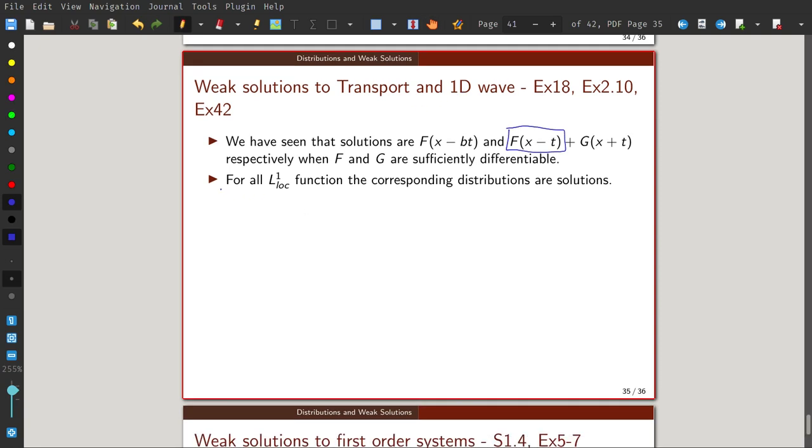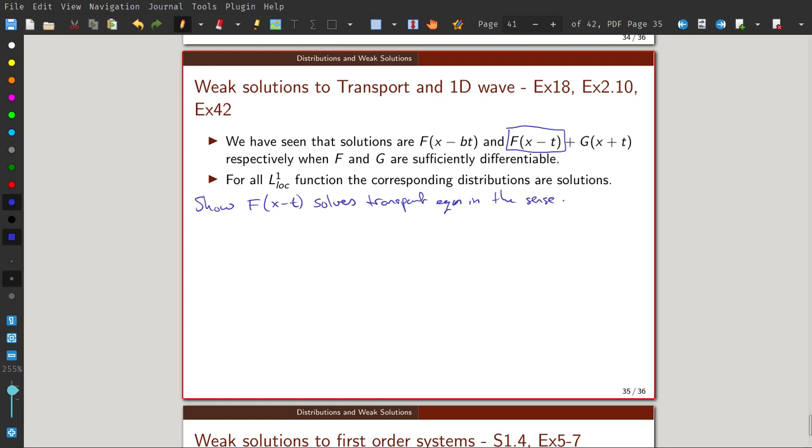Yeah, that'll go. So let's show x minus t solves the transport equation in the sense of distributions.